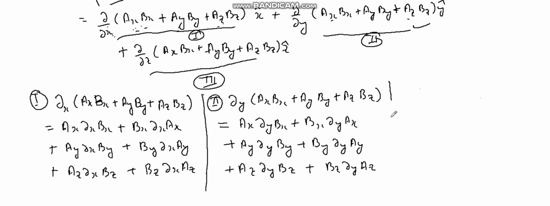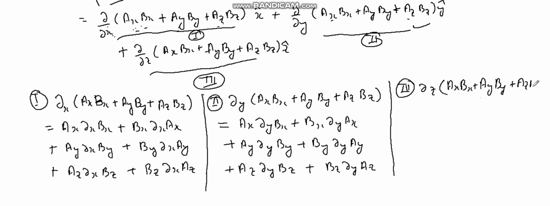Similarly, we will have the third term, which is del z (ax bx plus ay by plus az bz). The final result will be similar, but with del y replaced by del z.